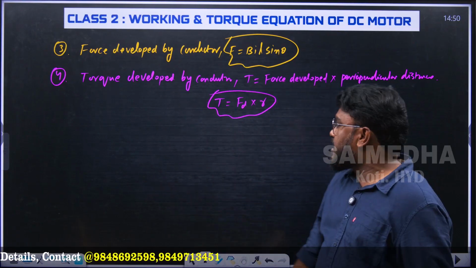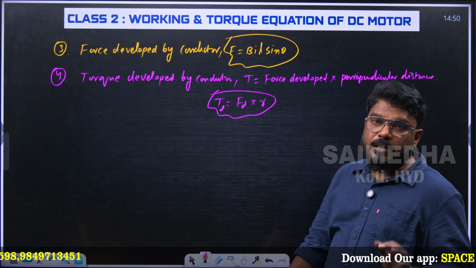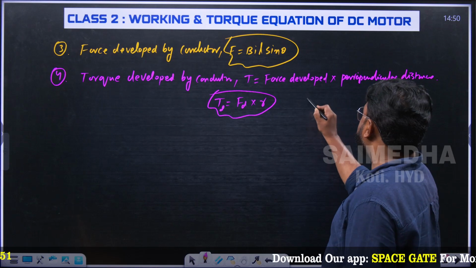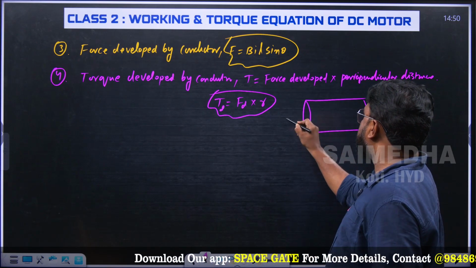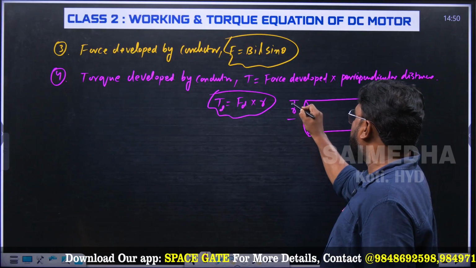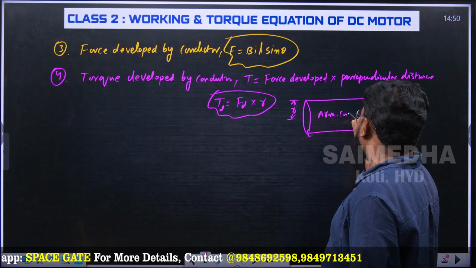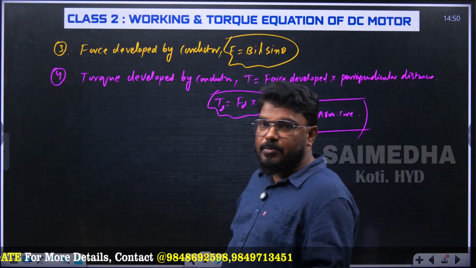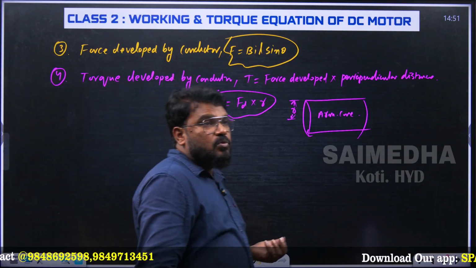This is the basic torque equation. So torque developed is equal to the force developed multiplied by the radius of armature core. Suppose the armature is like this, so this is the radius of armature core R. This is the armature core of the DC machine, and the torque is developed by this force at the radius of the armature core. Then how do we find out this force?